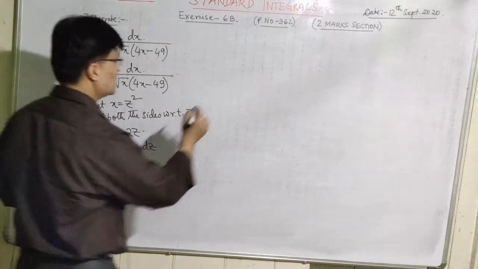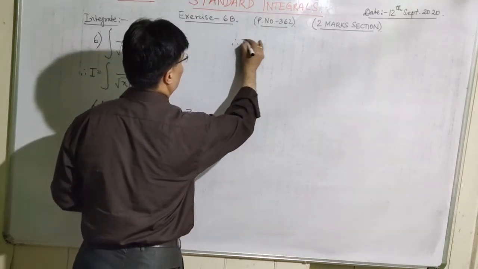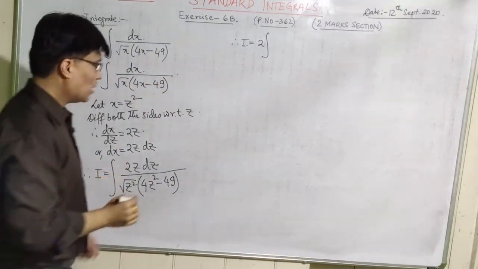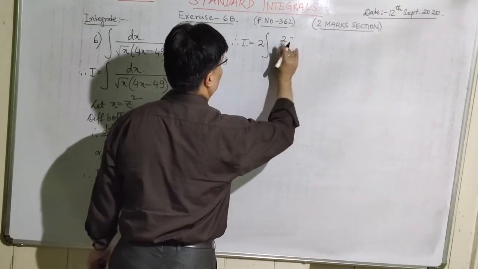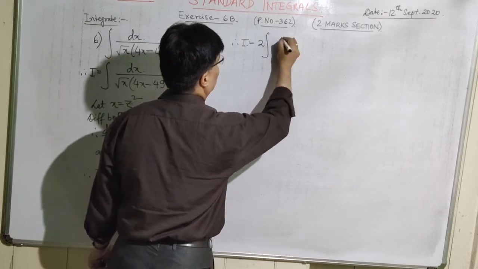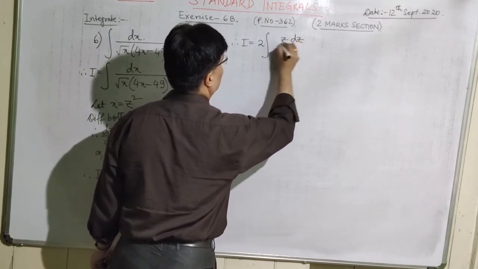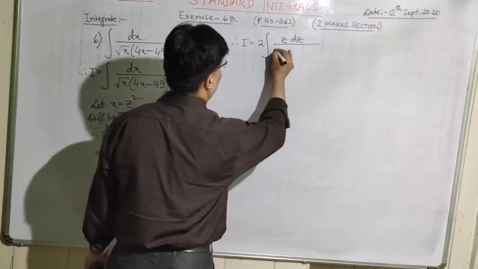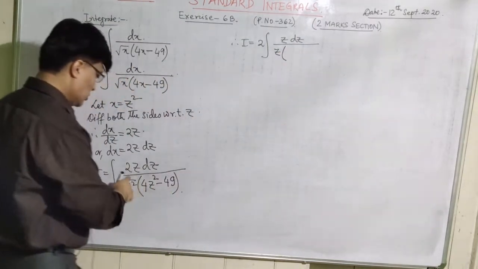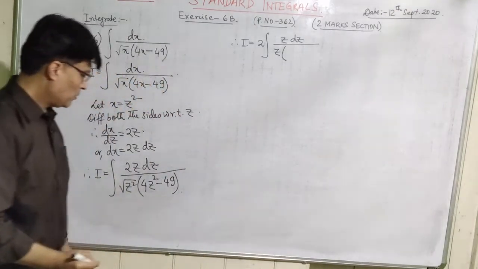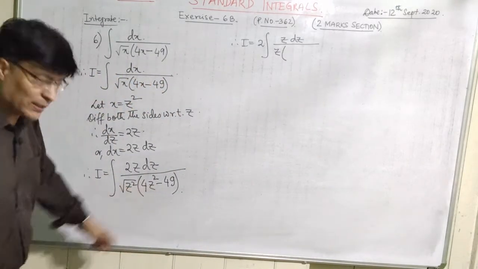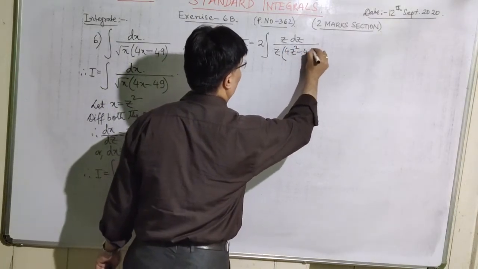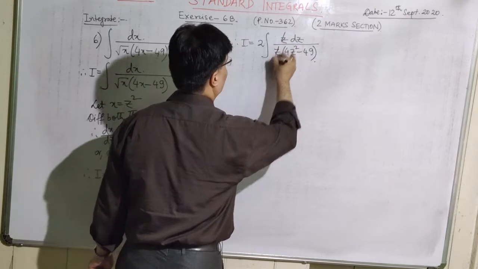Okay, which is constant here that you can take outside, so integration of z dz divided by, what is square root of z square, it is z. So within bracket we have 4z square minus 49. So here you can cancel this z.